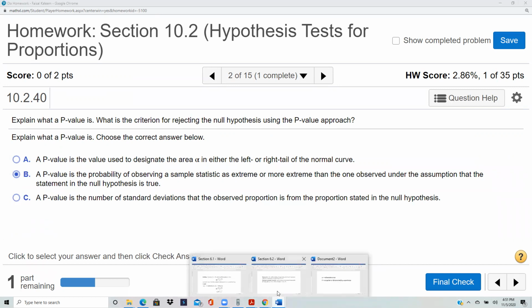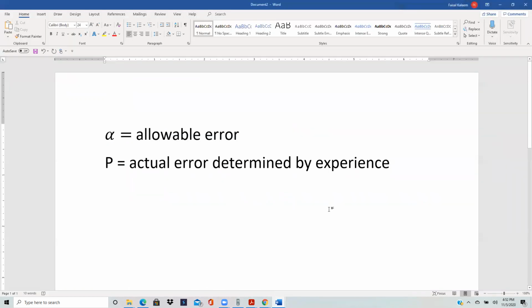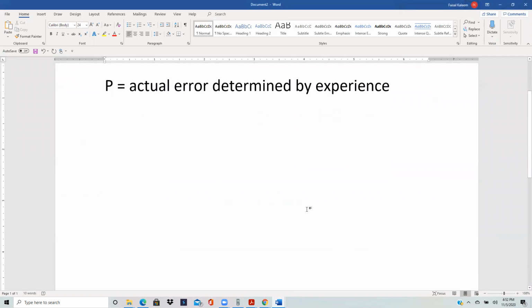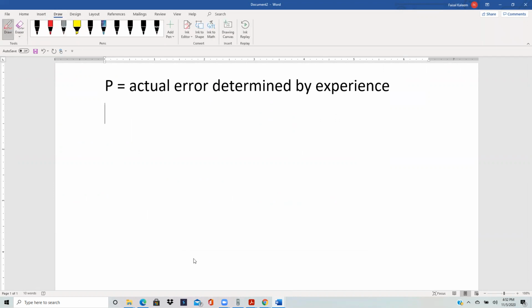So in the picture, remember we said that we can have 3 types of tests: right-tailed, left-tailed, or two-tailed. Now suppose we have a situation of a right-tailed test. So the picture looks like this.